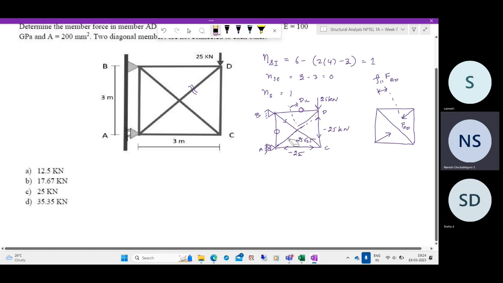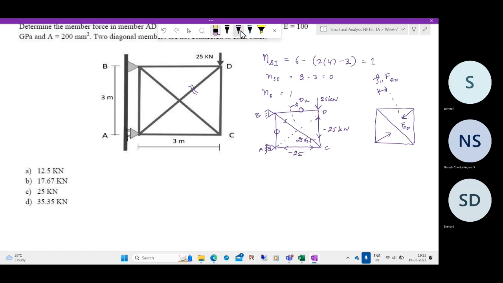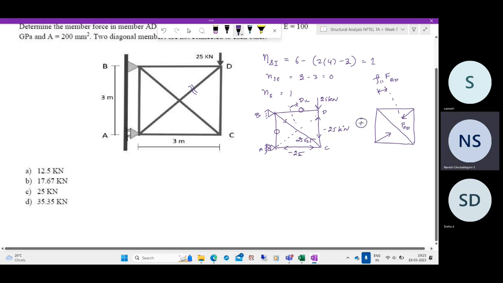Don't get confused with this. This is a zero force member, this is a zero force member.